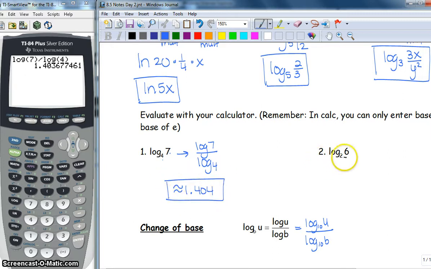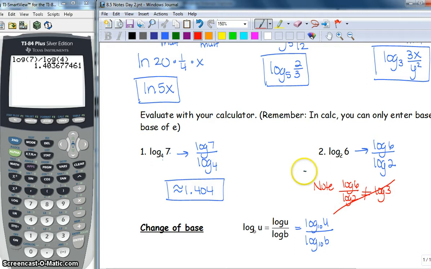Number 2, we've got log base 2 of 6. So when we rewrite that, it becomes log of 6 divided by log of 2. Now it's really important that you do not try to simplify this. Log of 6 divided by log of 2 does not equal log of 3.